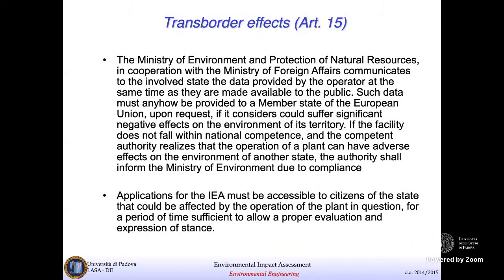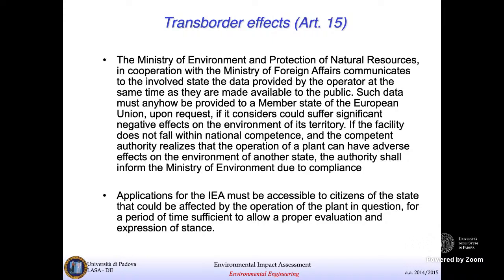Article 15 deals with transboundary effects. So the Ministry of Environment and Protection of Natural Resources, in cooperation with the Ministry of Foreign Affairs, communicates to the involved states in case of transboundary effects of some industrial facilities.